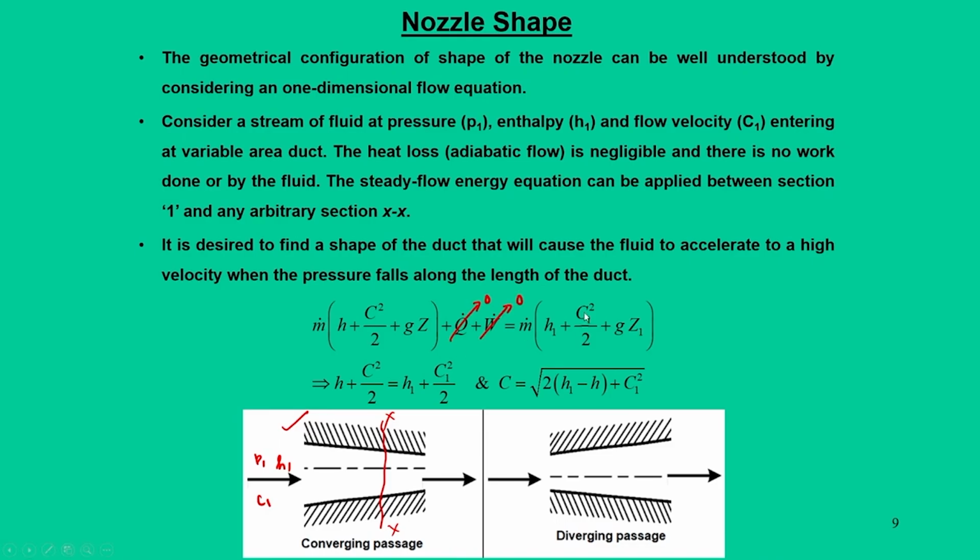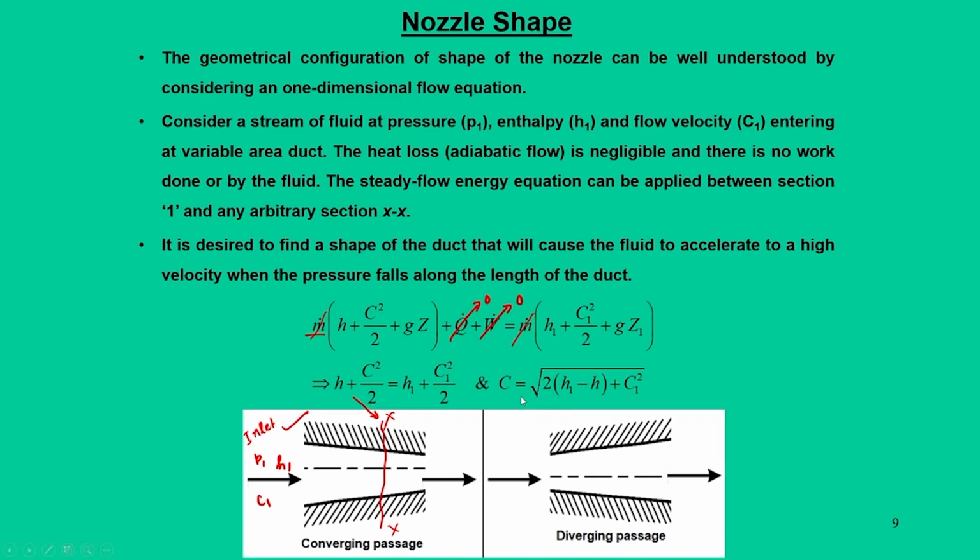Now, if we have the same mass flow rates, it gets cancelled, and we arrive at an equation which says h plus c square by 2 is equal to h1 plus c1 square by 2, where h1 plus c1 square by 2 is the inlet, and h and c are the values at section Xx.